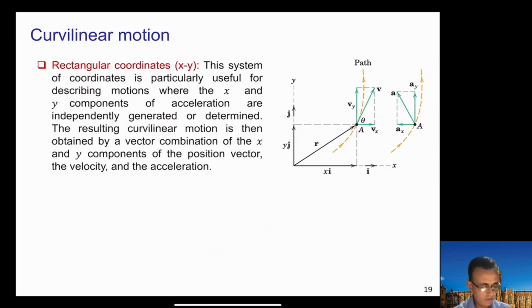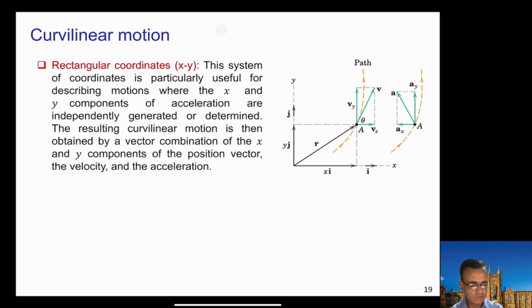So in this case, as you can see in this figure here, r is the position vector of point A from here to here. And we can see that in the xy coordinate system, which is the rectangular coordinate system, this r can be split into two components. One is the x component and one is the y component here.